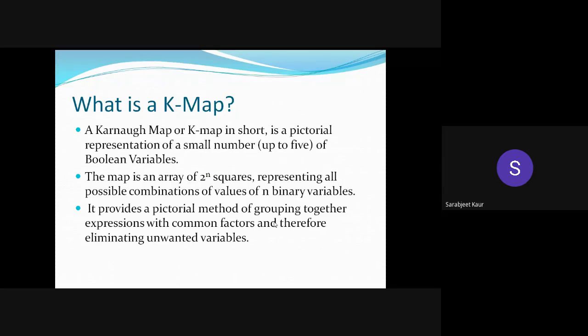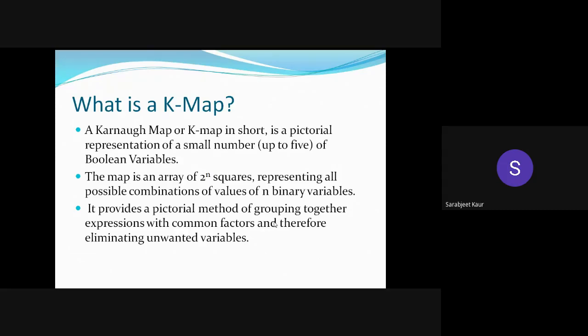Now, a Carnot map or a K-map in short is a pictorial representation of a small number of Boolean variables. So another question that comes to our mind is why use Boolean algebra then? I just told you that the Carnot map always gives us a final optimized reduced expression. So somebody might like to ask, then why use Boolean algebraic postulates to solve?